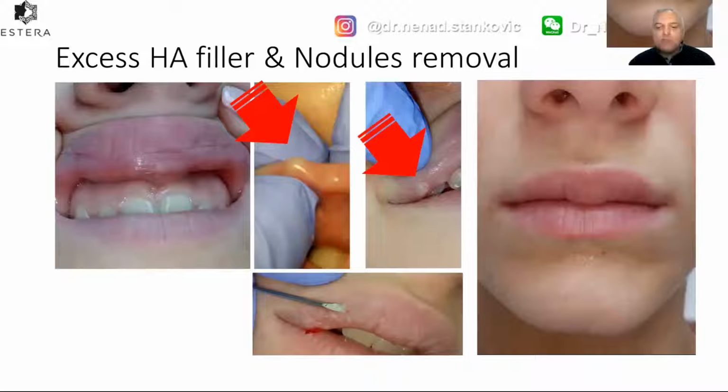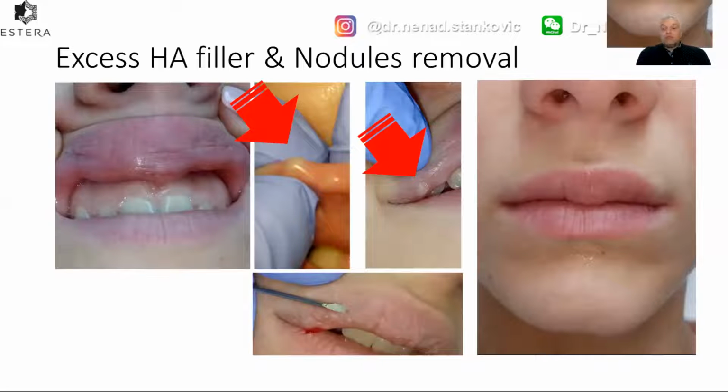Another patient came to me from Dubai, and she was treated with a very high quality filler, but not the one that is supposed to be injected into the lip. At first, I didn't know what was there, with the red arrows. It was very hard to pressure, and it didn't move.